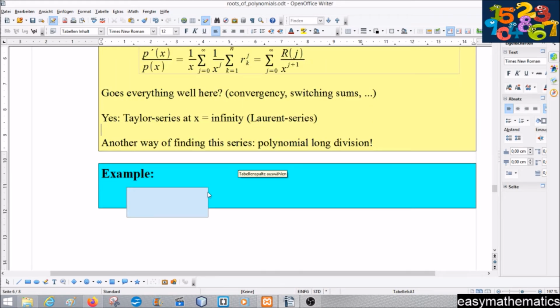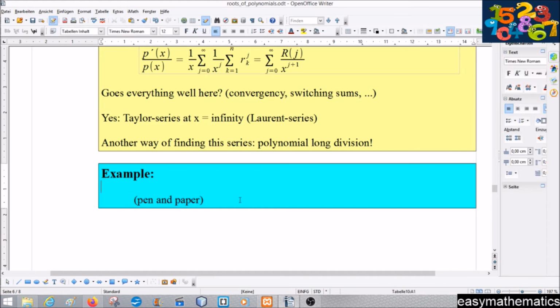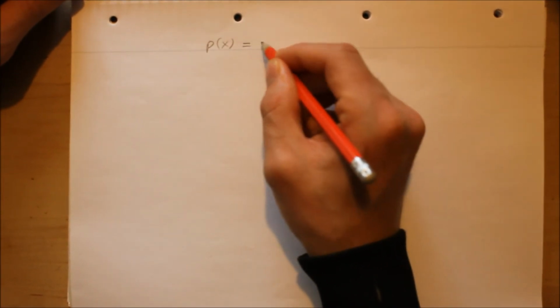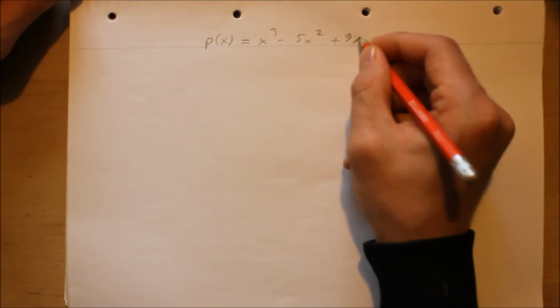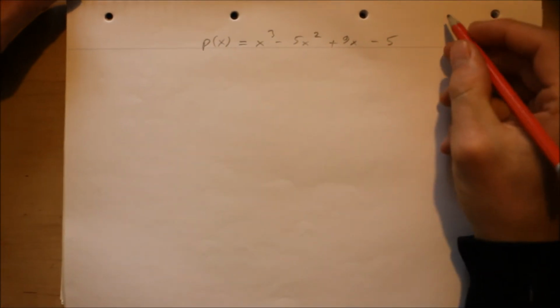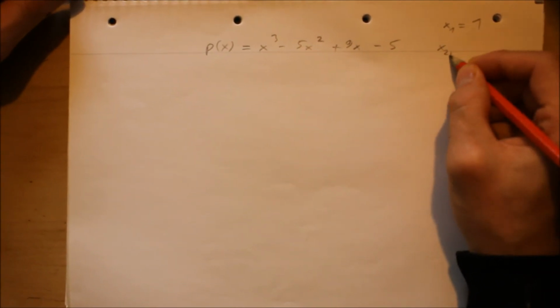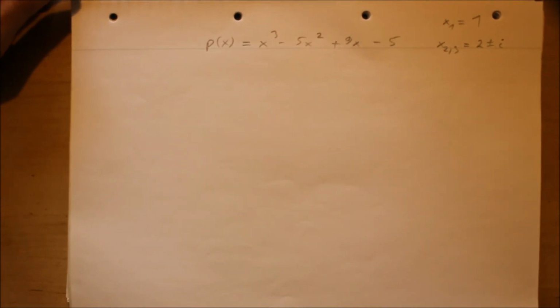And then I have a small example for you with the polynomial long division with pen and paper. So, okay, I want to show you an example, and for that we consider the cubic polynomial x cubed minus 5x squared plus 9x minus 5. And we assume we have no idea about the roots, but I tell you the roots: we have 1 and a pair of complex conjugate zeros.